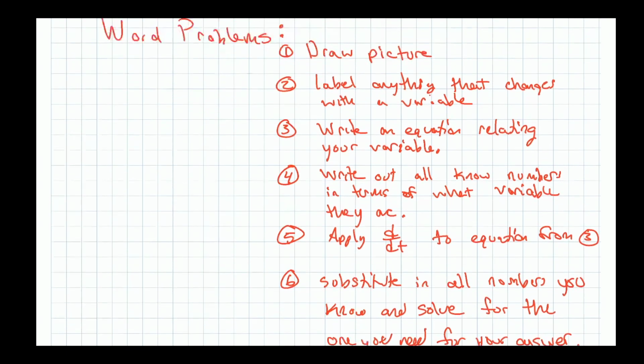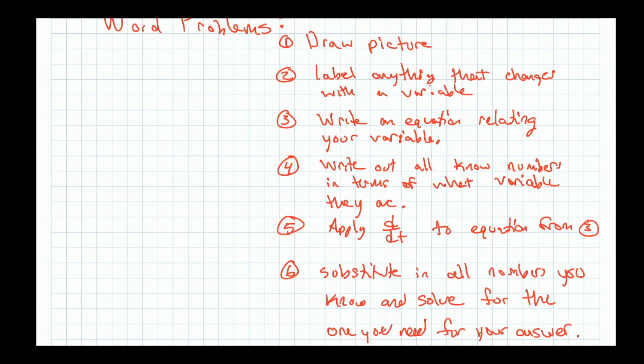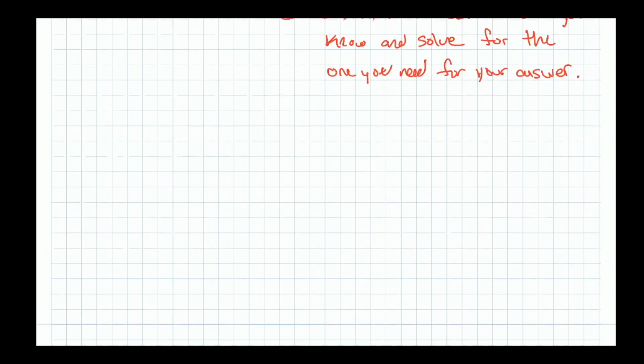And some of these you can do out of order. Like you can write down all the numbers that you know before step 4. But basically this is what you're going to do.